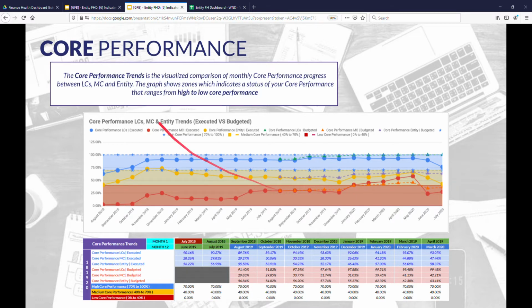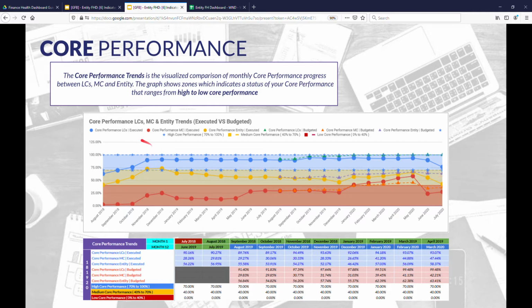Now on this one, because core performance is a profit and loss type, this is one of the only indicators that actually has budgeted projections. So as you can see, there are these broken lines that correspond to the projected core performance that you are aiming for.